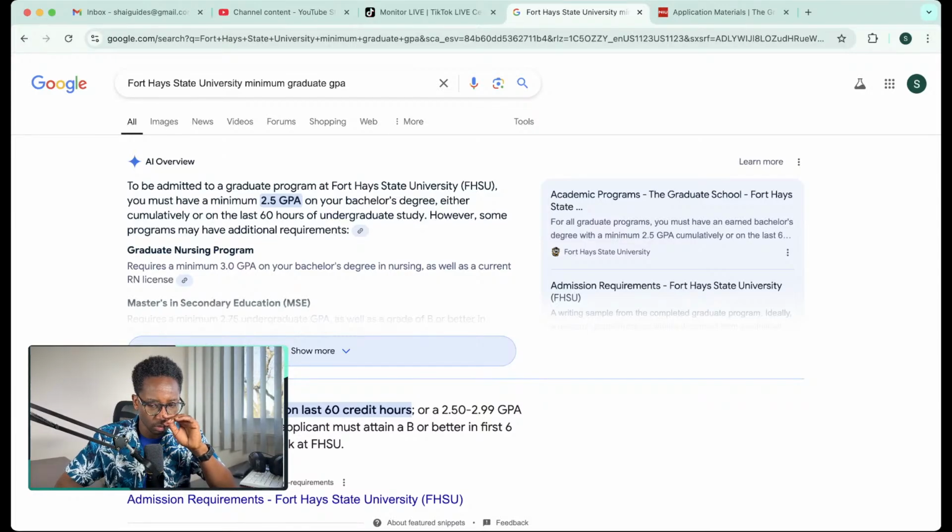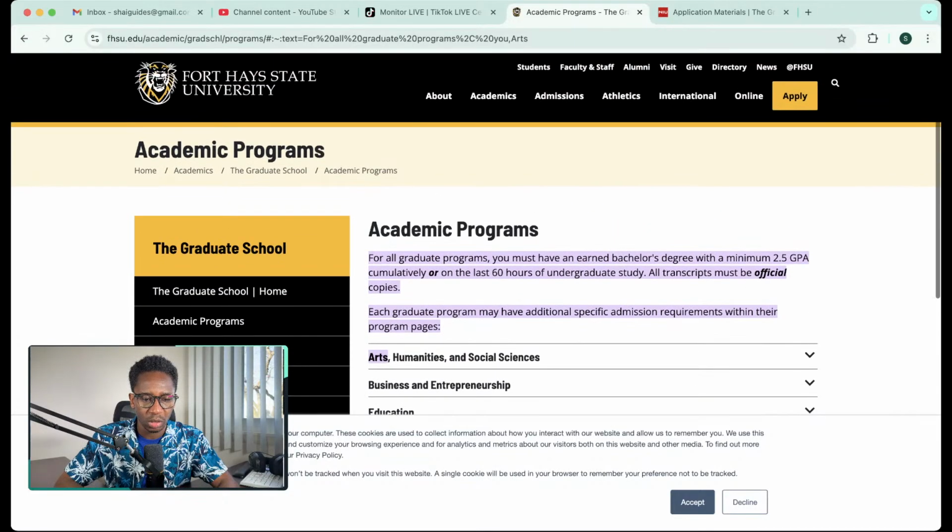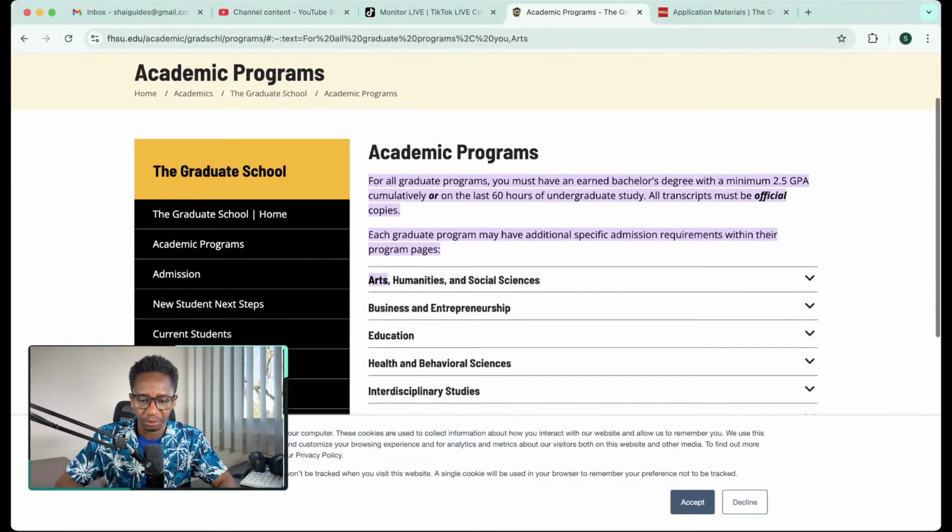I see this one, and they are saying that this is a graduate school. For all graduate programs, you must have an earned bachelor's degree with a minimum 2.5 GPA cumulatively, or on the last 60 hours of undergraduate study. All transcripts must be official copies.